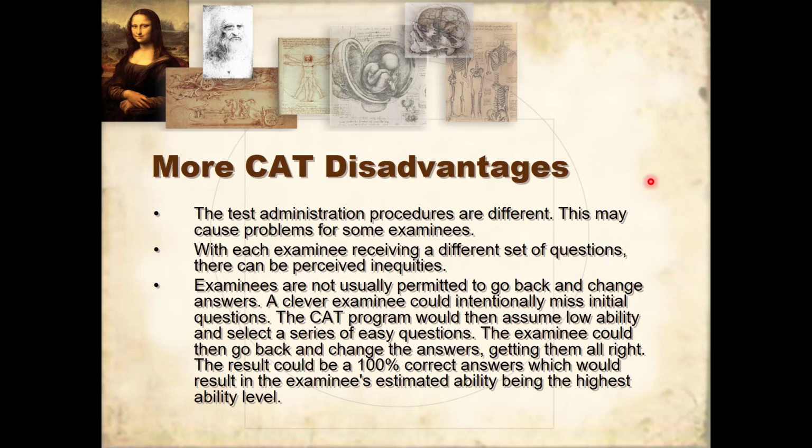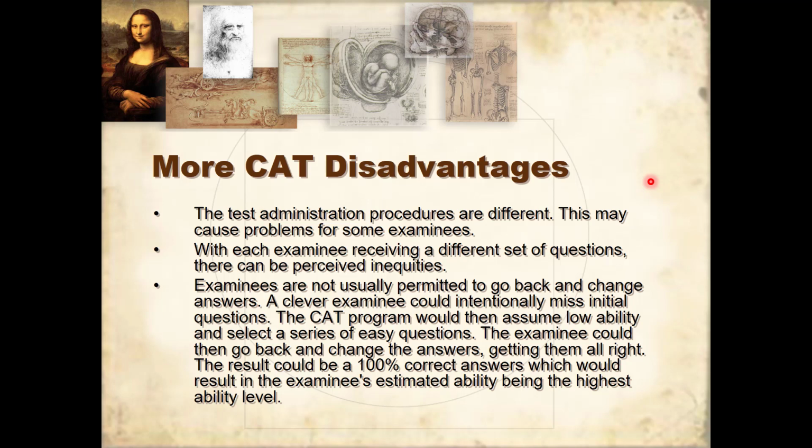It means they're getting harder items, it means they're probably doing better on the easier items, but they don't always see it that way, right? And certainly in some employment settings where there's maybe not a lot of trust, you could find yourself in an unfortunate circumstance of having to explain to somebody who got passed over for promotion why that is fair, even though they got different items. And for somebody that might not understand the details or even have the wherewithal to understand what's going on here, that's not a good position to be in.